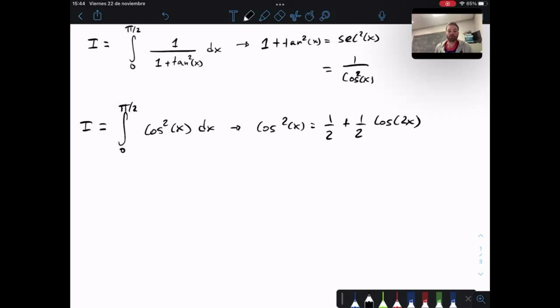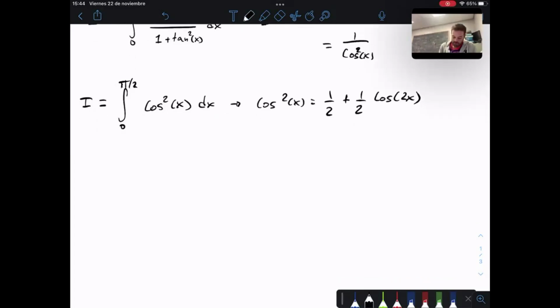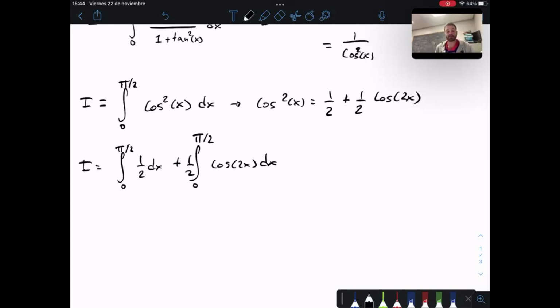This is known as the double angle identity, which means then that our integral can be written as the integral from 0 to pi over 2 of 1/2 dx plus the integral from 0 to pi over 2 of cosine of 2x times a half here times dx.